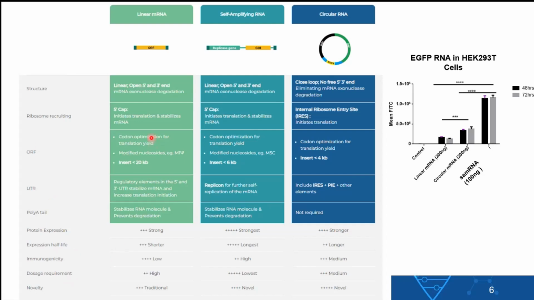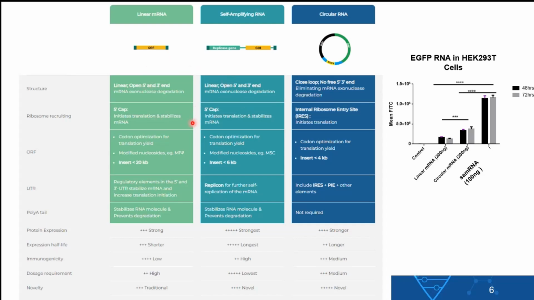Okay, so let's see the structure part. Basically, we can see that this one is a circle. It's a closed loop, so it eliminates the mRNA exonuclease degradation. But these two still have this mRNA exonuclease degradation, and both of these two are linear.